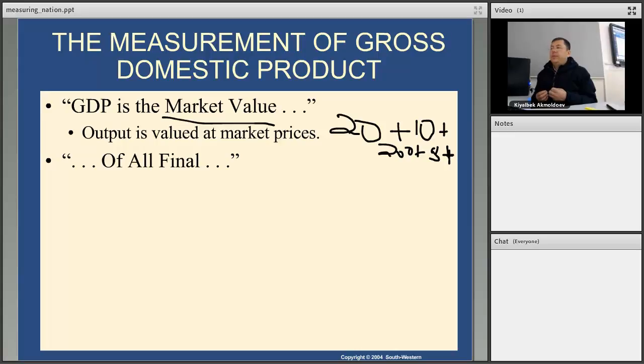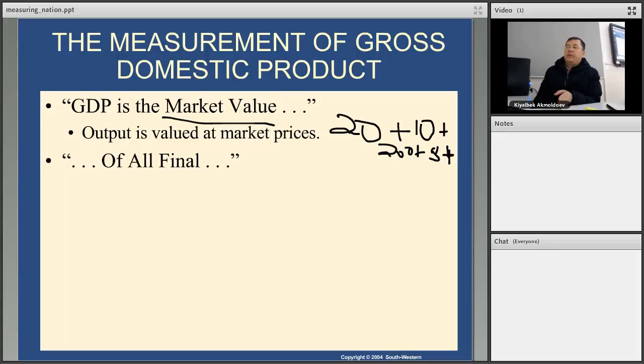All means all legal, not illegal. So what's the difference between a legal good and an illegal good? When the product is produced, if it is taxed, this is a legal good. If it is not taxed, it is an illegal good. So we only count taxed goods, not illegal goods.